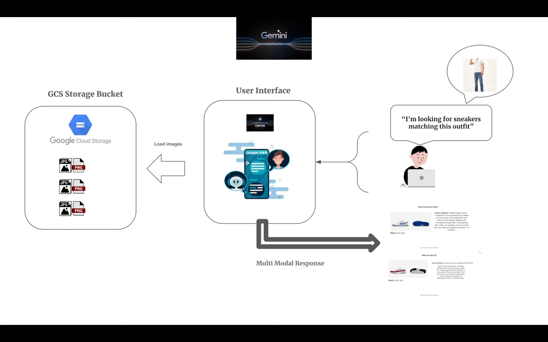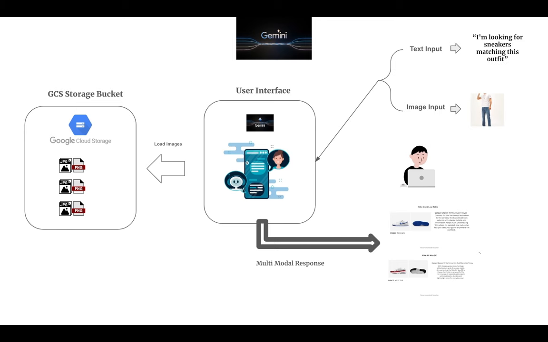So adding to this example, our LLM model will accept two inputs via the Streamlit app. The first one is the text input, which in this case could be, I'm looking for sneakers matching this outfit. And the second input is an image upload button using which the user will upload the image of his or her outfit.